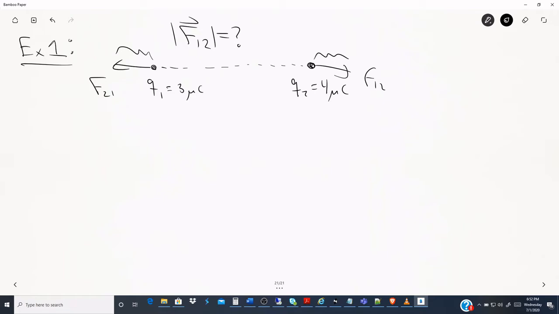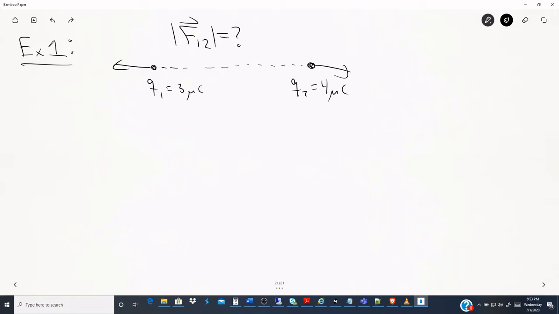Newton's third law. This is an action-reaction pair. Newton's third law says that if an object exerts a force on another object, then the other object exerts a force back on it, which is equal in magnitude but opposite in direction. So Newton's third law is kind of built in here in terms of how we're drawing these forces.